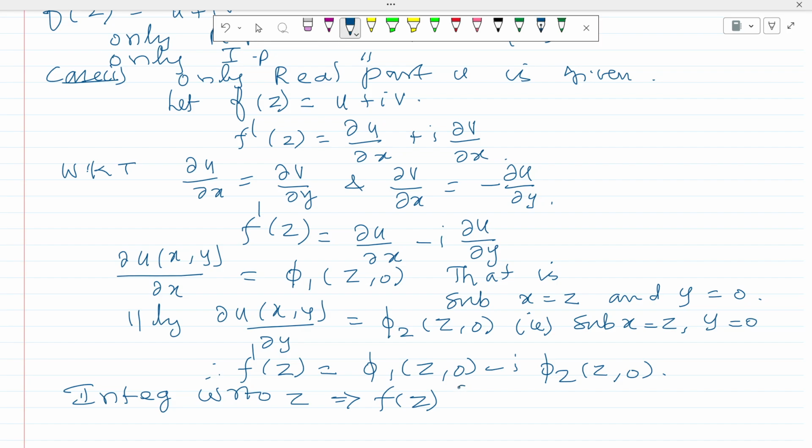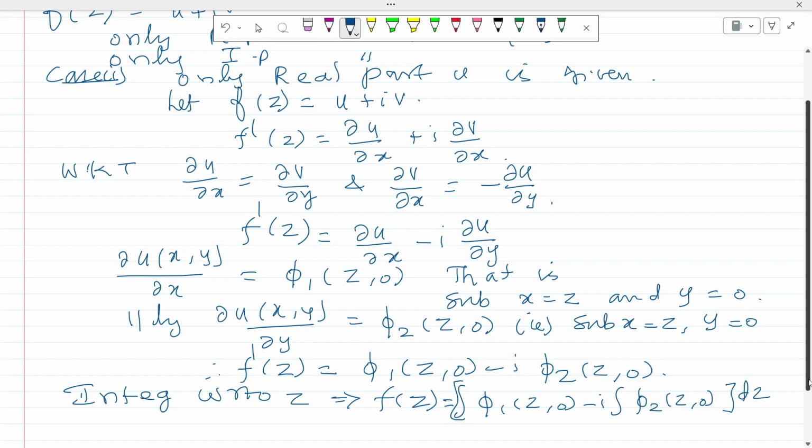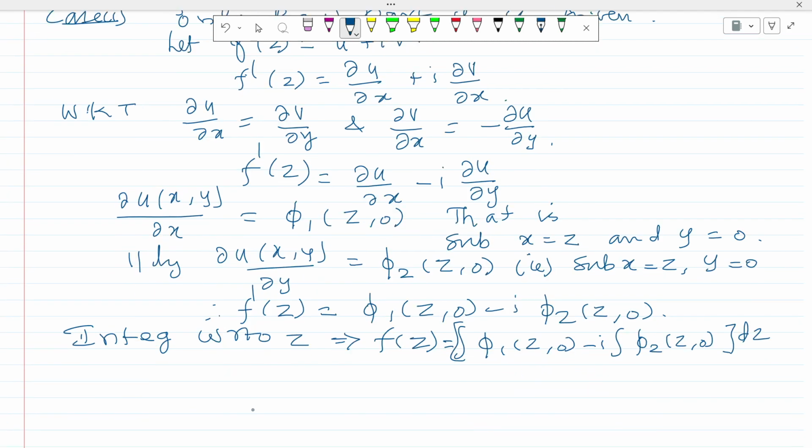f of z is the integral of phi 1 of z comma 0 minus i into the integral of phi 2 of z comma 0, with respect to dz. Okay, so what is the procedure here?